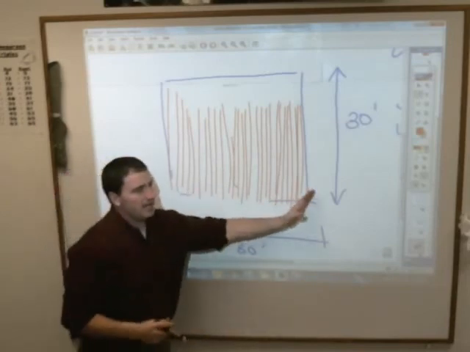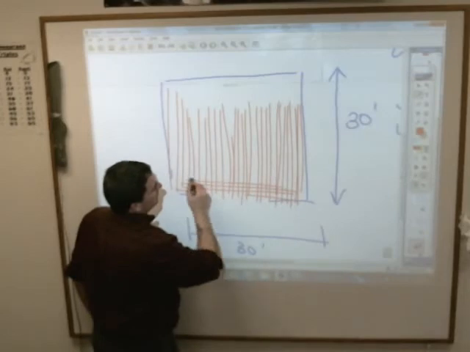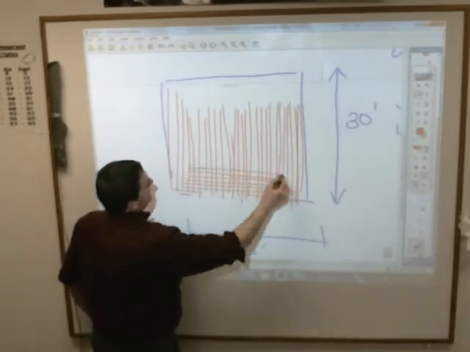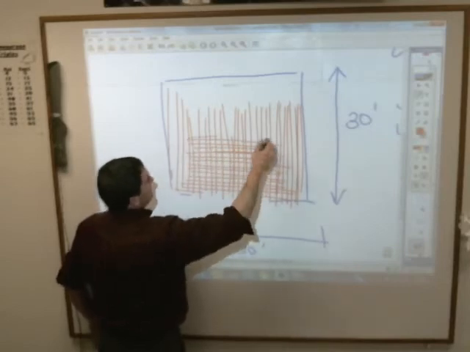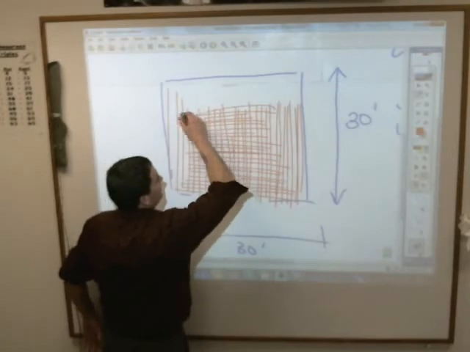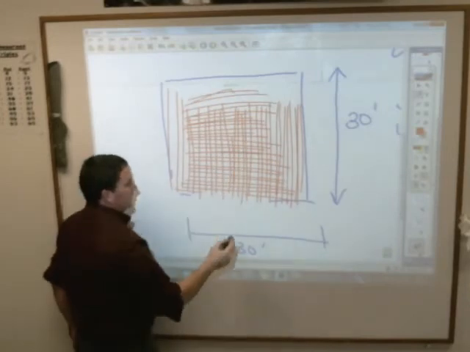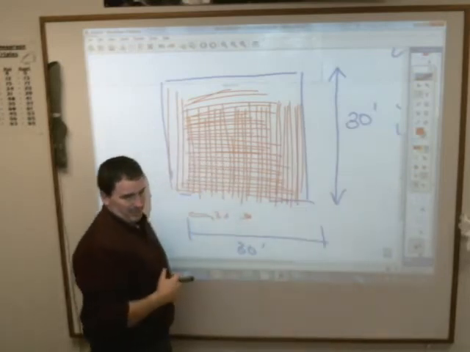There are 30 blocks going this way, and there are 30 going that way. It is 30 blocks going this way by 30 blocks going that way.